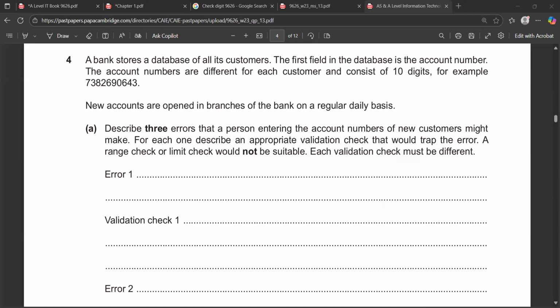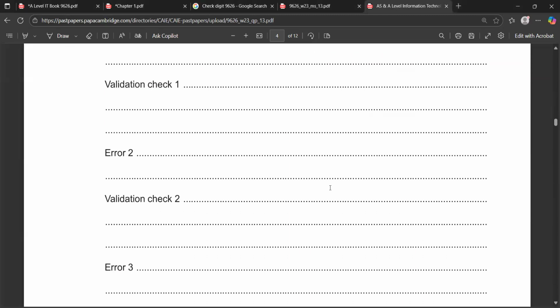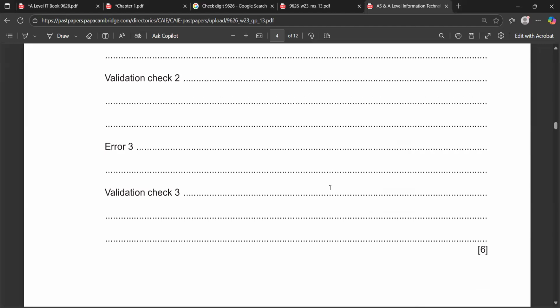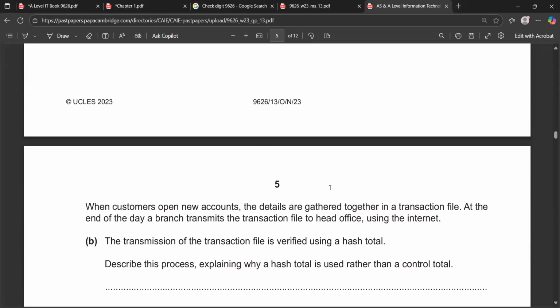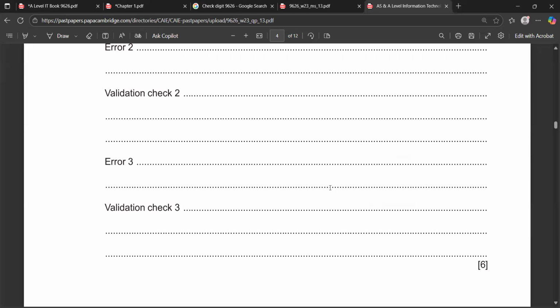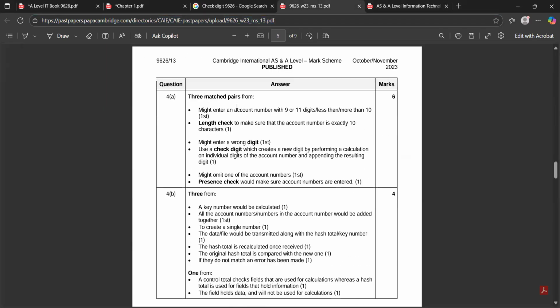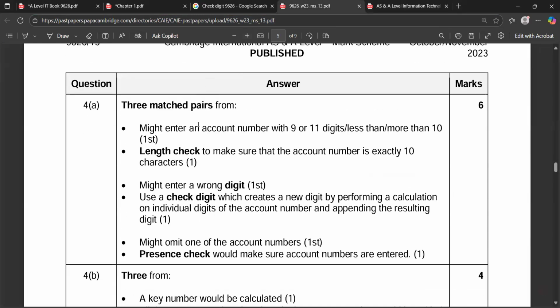And the third error can be, third error, format check. I think that's it. Length check, check digit, and oh, presence check. Yes, here is the answer, presence check.